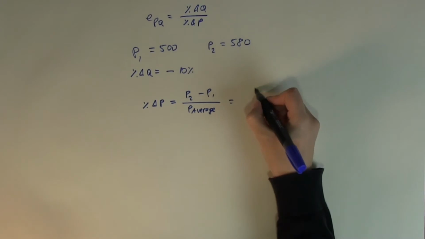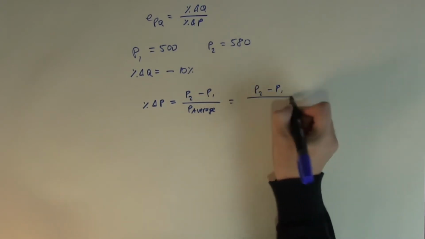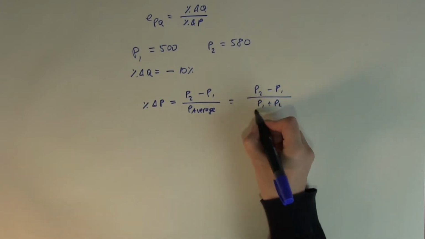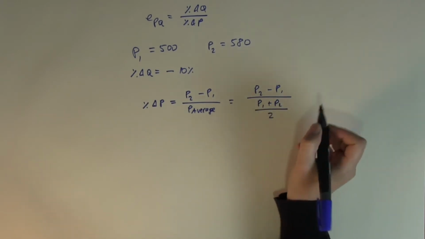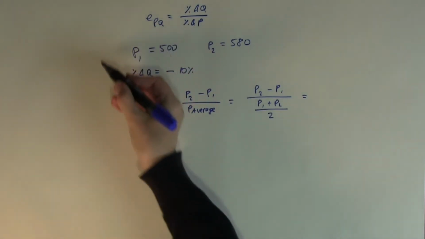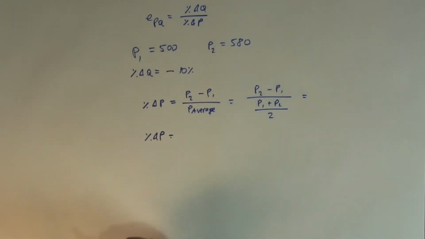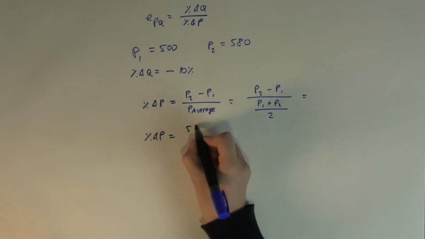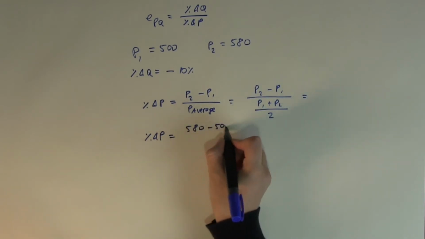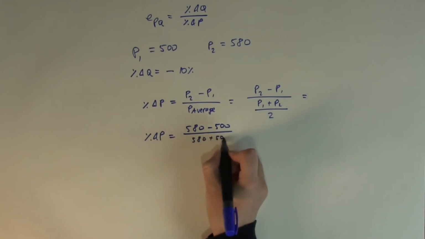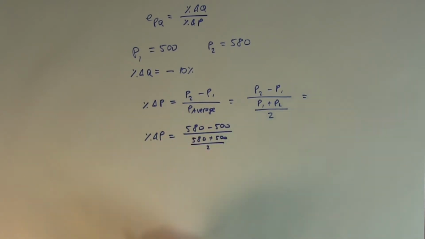The average price is nothing else but the two prices added together divided by 2. So with the exact numbers, the percentage change in price can be calculated as 580 minus 500 over 580 plus 500 divided by 2.